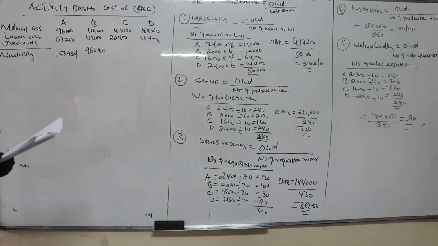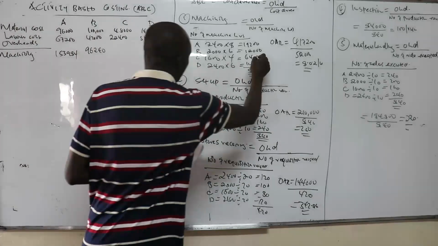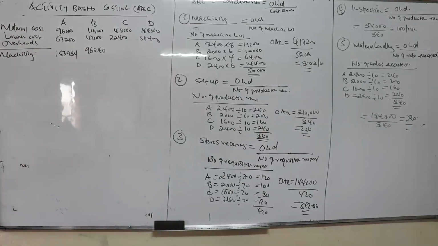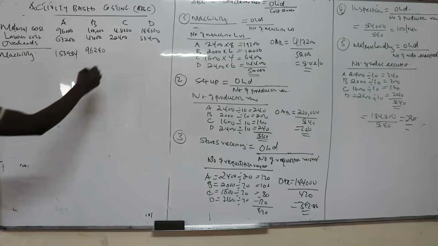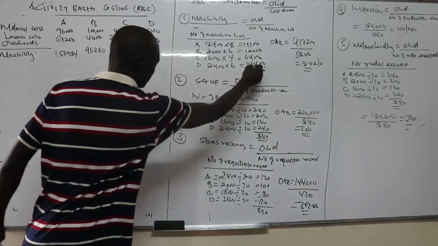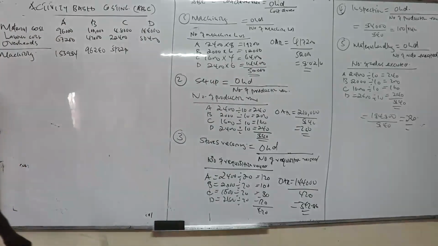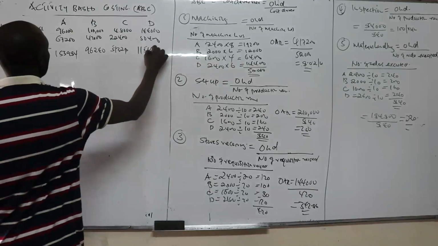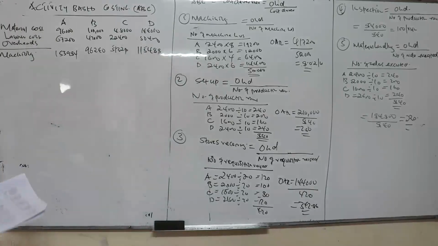Product C, the total machine hours is 6,400. You multiply by 8.02. What do you get? 51,328. For product D, the total machine hours is 14,400. You multiply by 8.02. What do you get? 115,488.